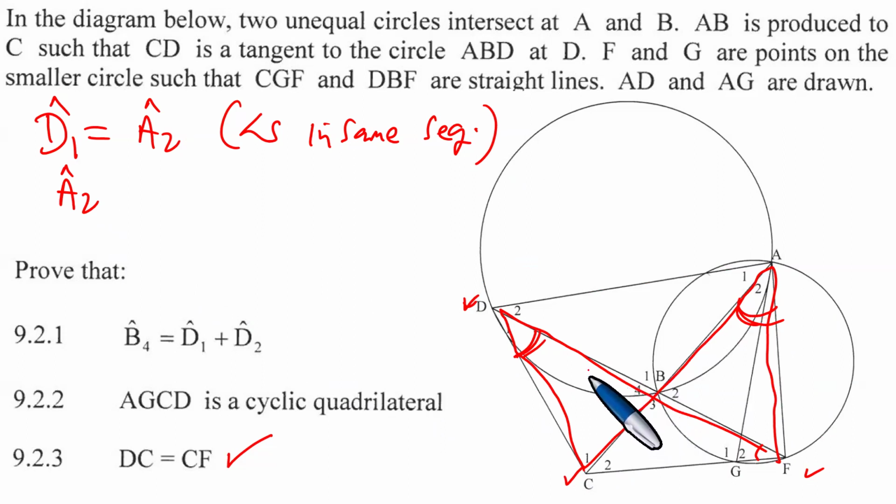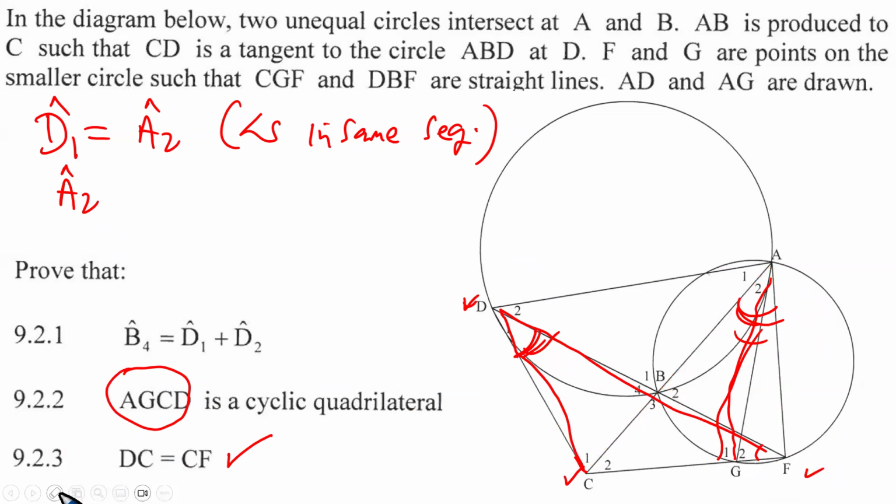And these are angles in the same segment because we know that AGCD is a cyclic quad. So this is a cyclic quad and therefore you have angles in the same segment. Just take note of that. So we're able to see therefore that angle A2 is equal to angle F.